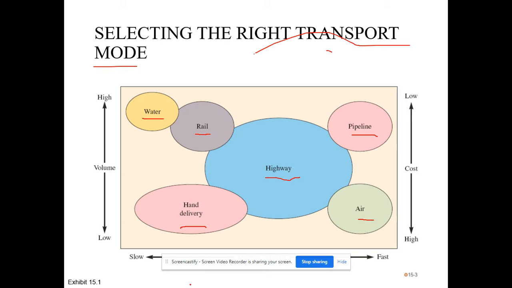So now what to choose when? When volumes are high, the cost per unit is low. So we will prefer modes like ships for high volume, low cost, and depending on the nature of the goods, you can choose pipeline also if it's a liquid or gas, and the road transportation comes in the middle.